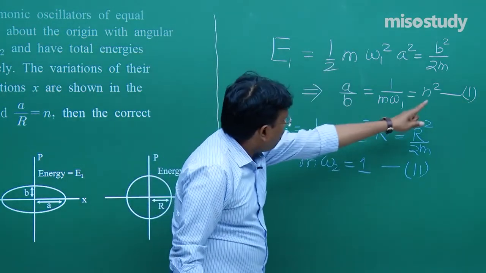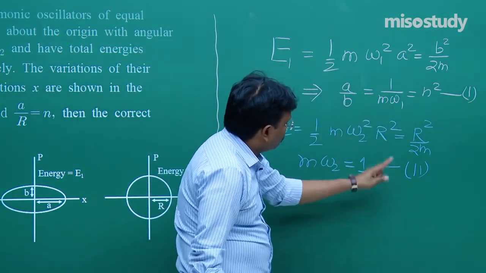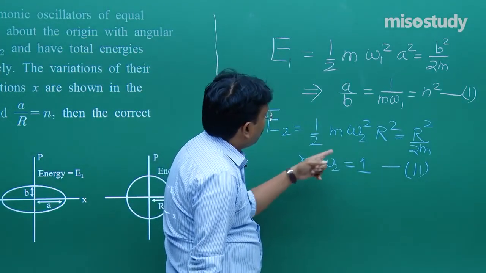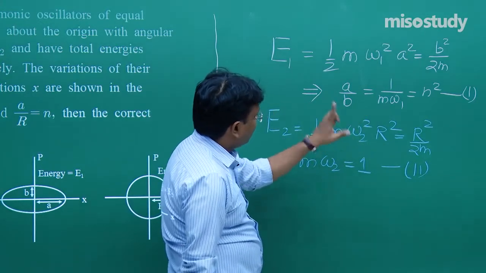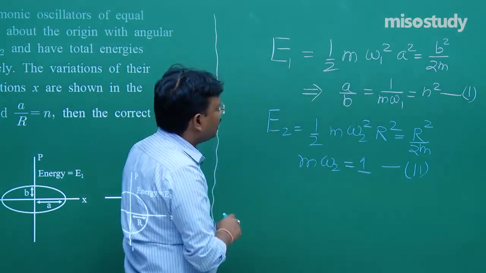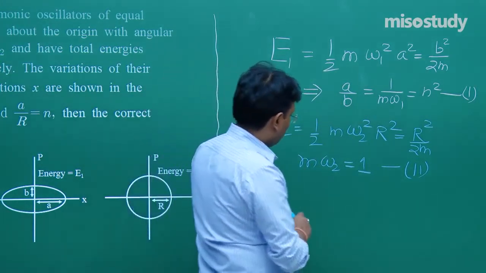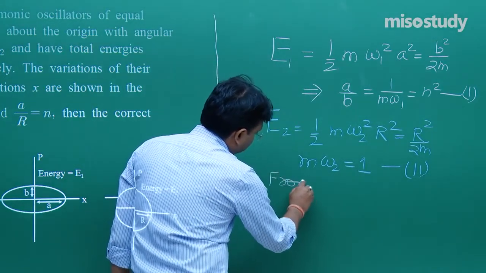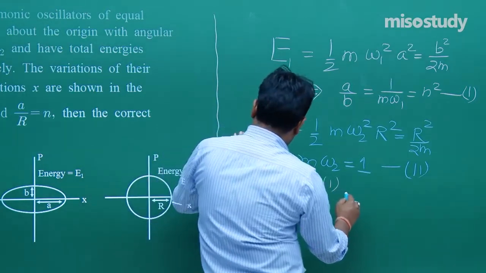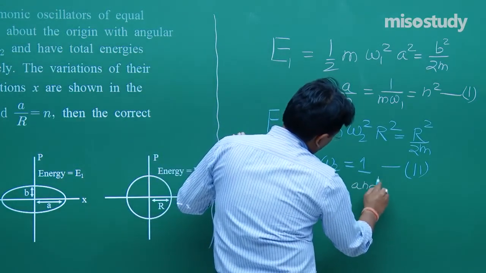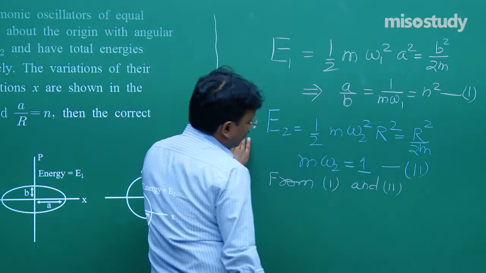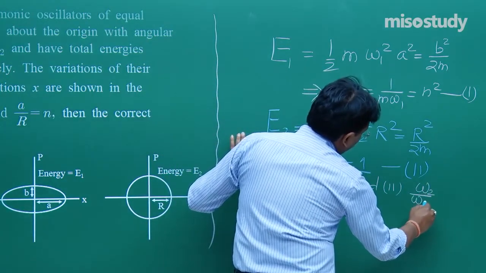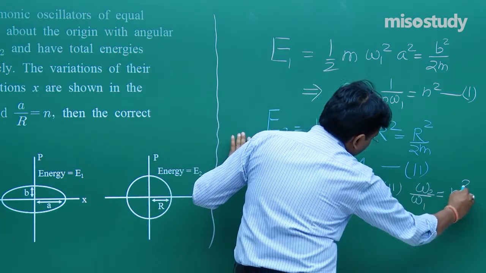Now from equation 1 and 2, omega 2 upon omega 1 is nothing but n square.